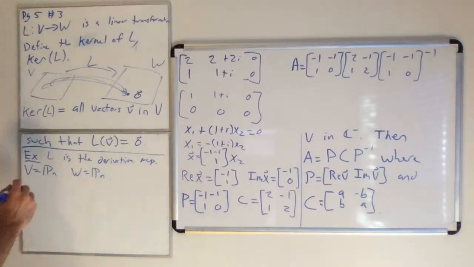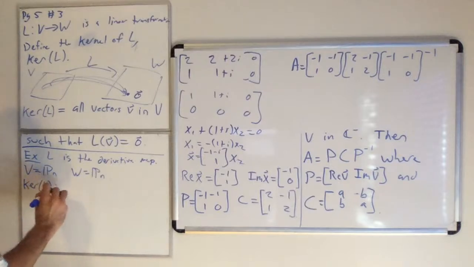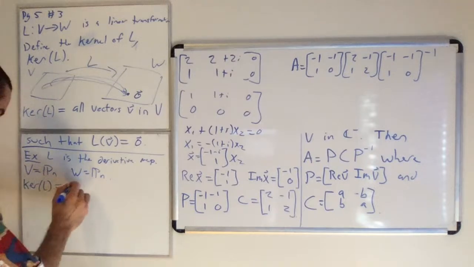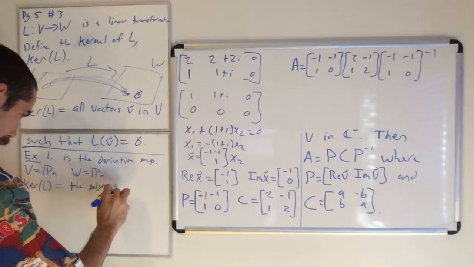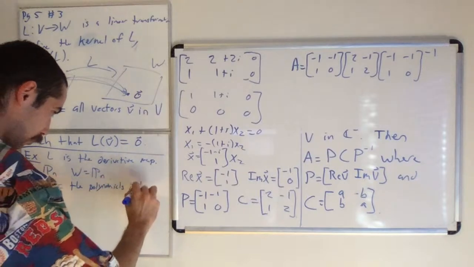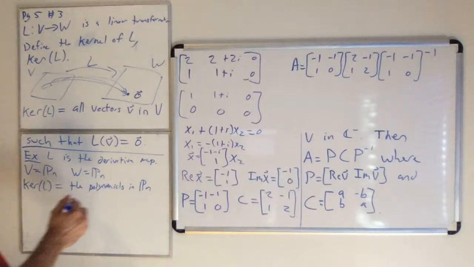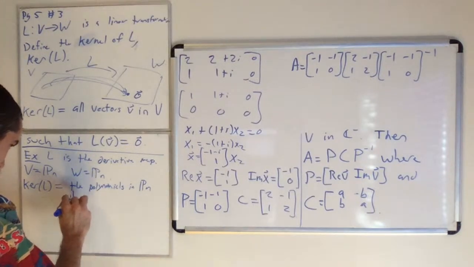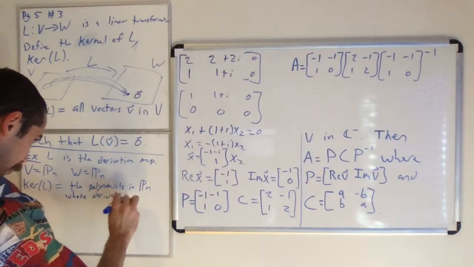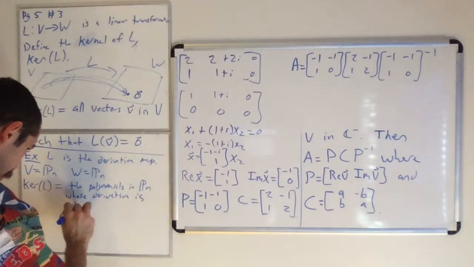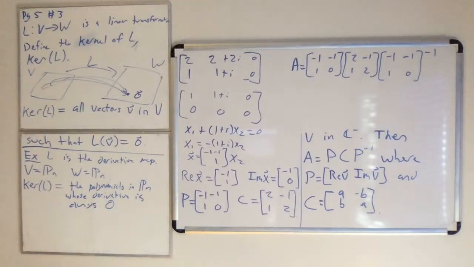The kernel equals the polynomials in Pn that get sent to 0. So whose derivative is 0? Which polynomials satisfy that property?